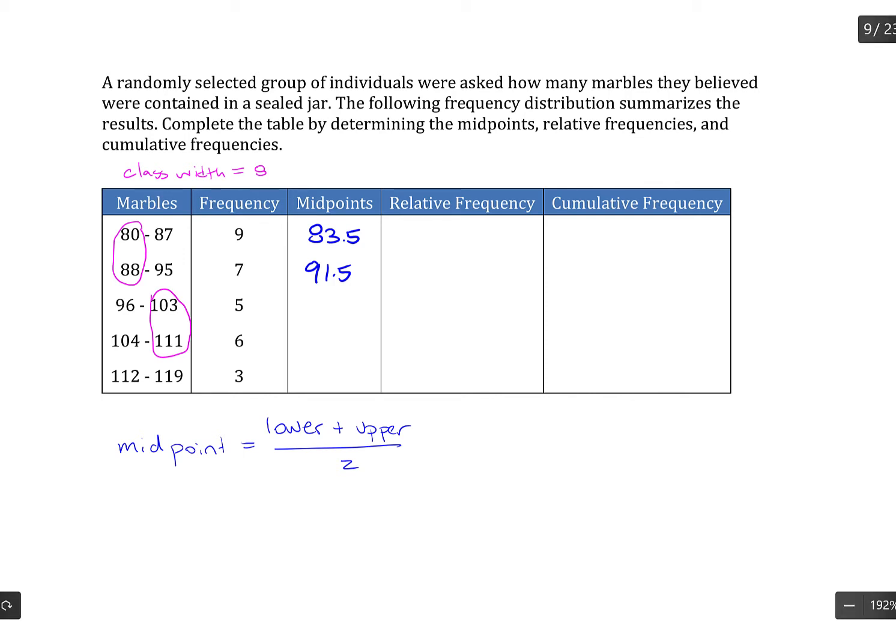So to speed things up, get the first midpoint and successively add 8 to that value to get the rest of them. So 91.5 plus 8 is 99.5, plus 8 more is 107.5, and 8 more than that is 115.5.